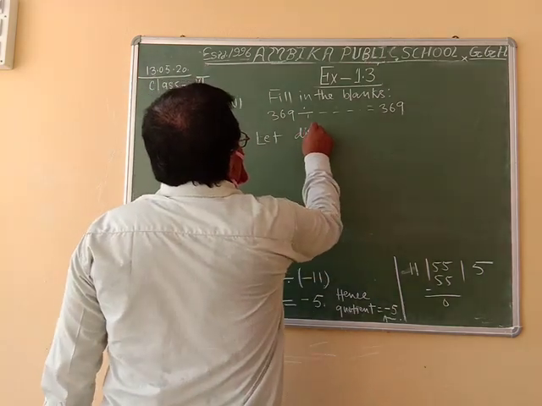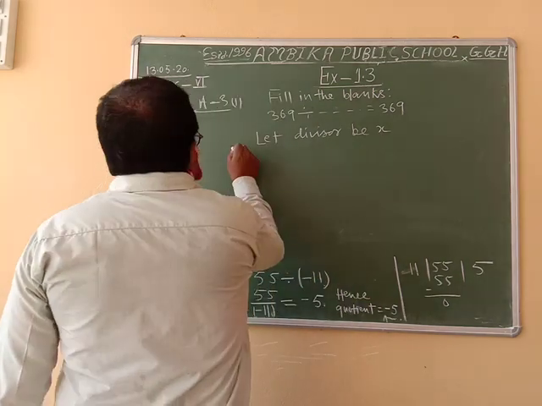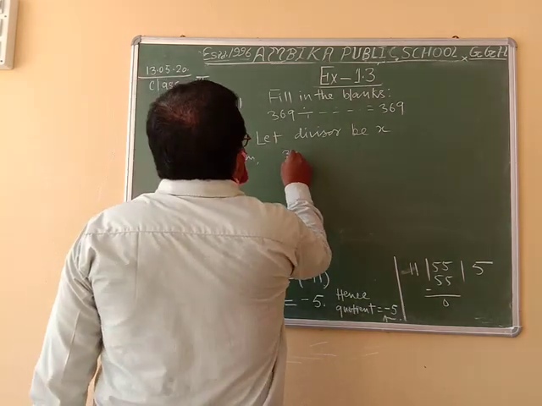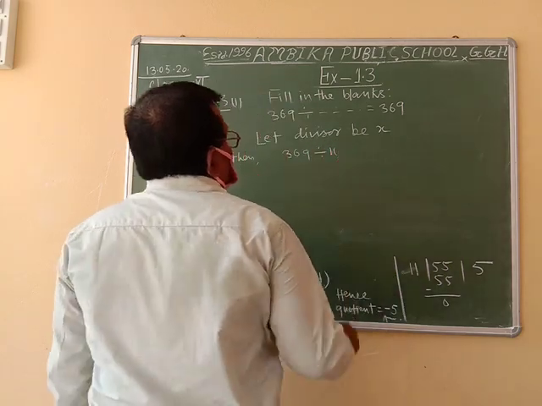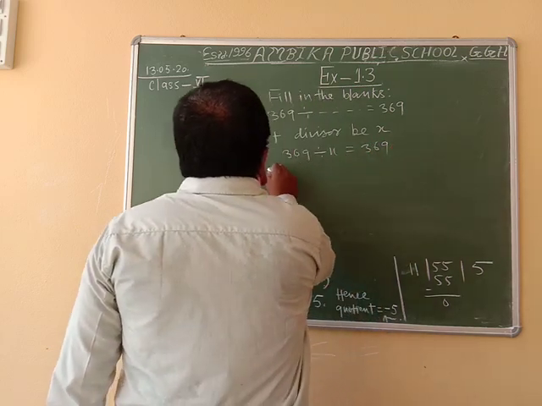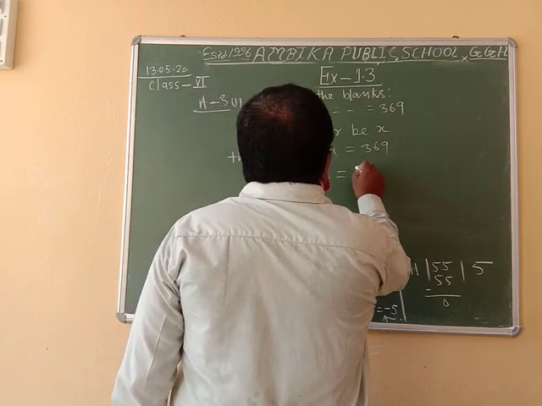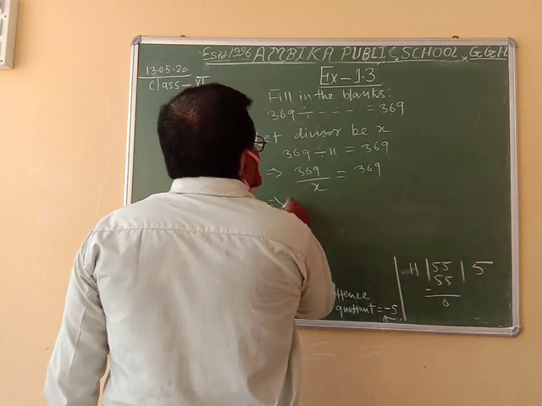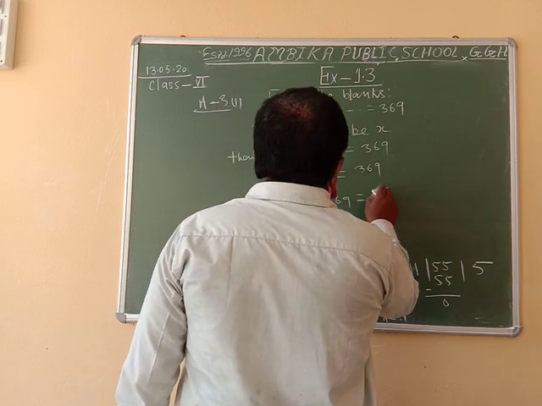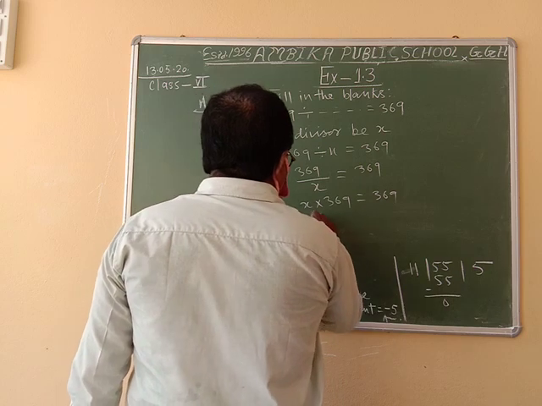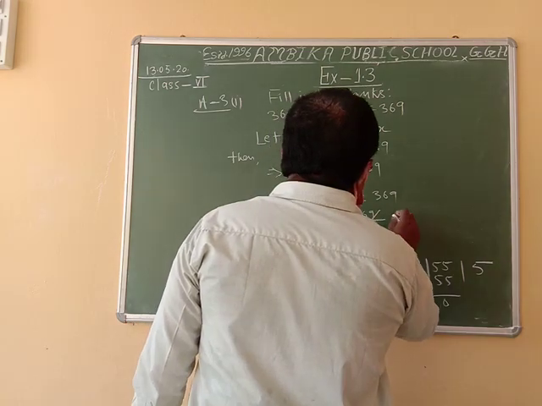Let the divisor be x, then 369 divided by x is equal to 369. 369 by x we can write is equal to 369, so x into 369 is equal to 369, so x is equal to 369 by 369 is equal to 1.